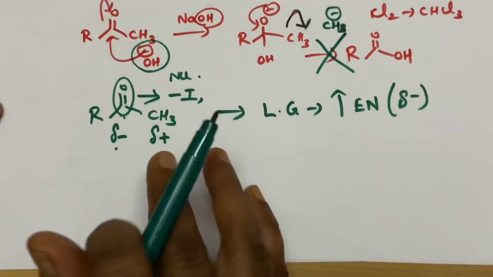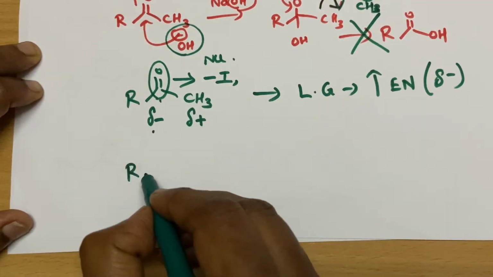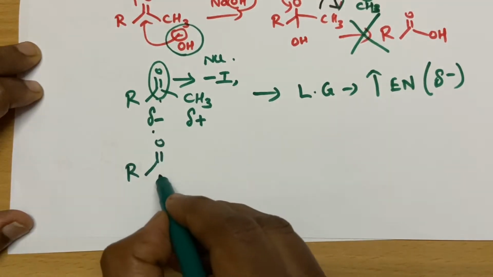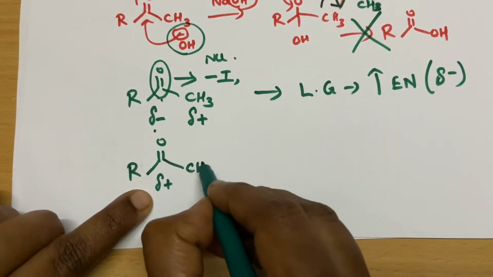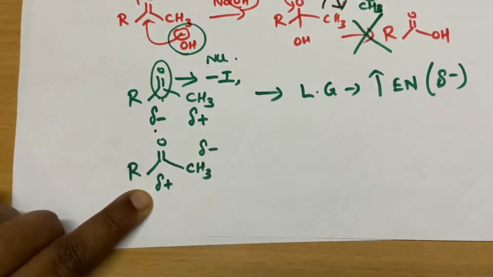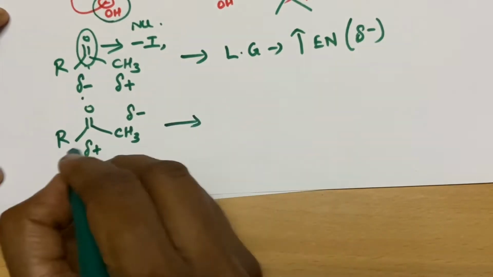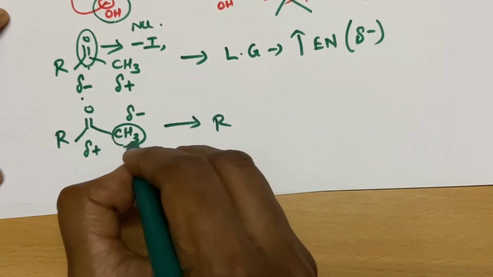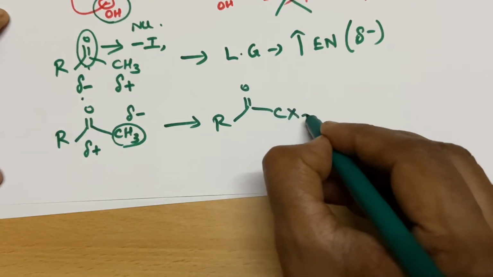So we are going to change this polarity. If we change the polarity like this, where carbonyl is partial positive and your methyl is partial negative, then this reaction is possible. How are we going to achieve this? For that we are going to change this methyl to CX3.